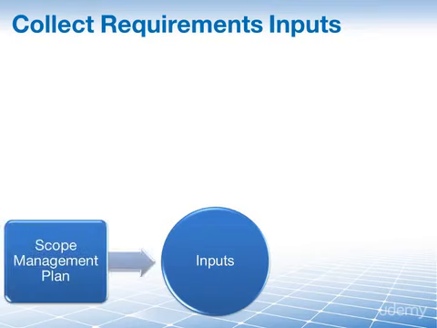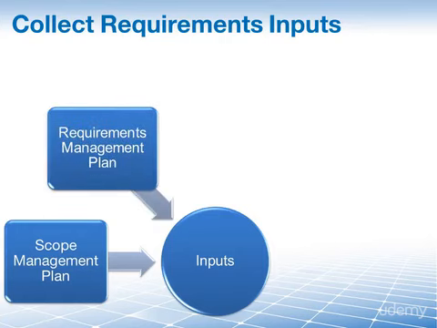Here they are. It all begins with the scope management plan, which describes how the project scope is defined, developed, monitored, controlled, and verified. It helps the team determine the types of requirements that should be collected, documented, and managed.